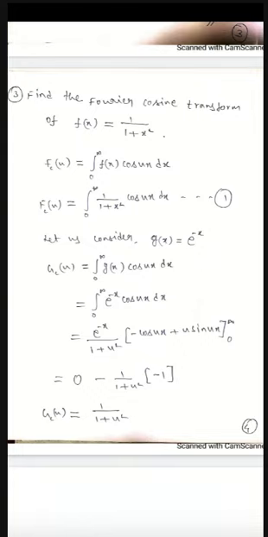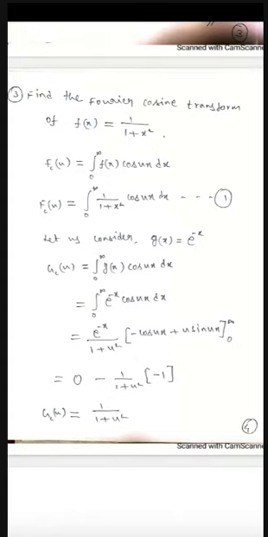The same way here, of course one variable x, but cos ux by 1 plus x square is very tough to integrate directly. So I am going to do it in a different manner. You can call this equation 1 for Fc of u.